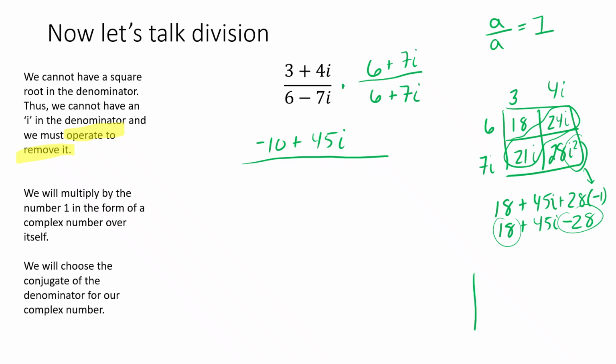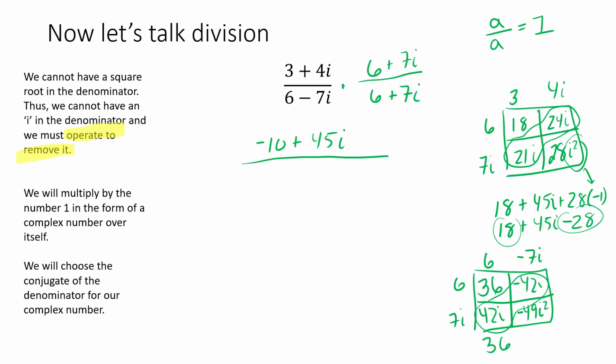And then my denominator should come out really nice, in theory, because we're multiplying by conjugates. So we'll have 6 minus 7i times 6 plus 7i. That'll be 36 minus 42i plus 42i, remember that's the part that cancels out, minus 49i squared. These guys cancel out.